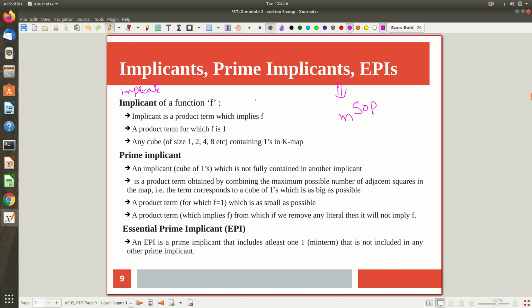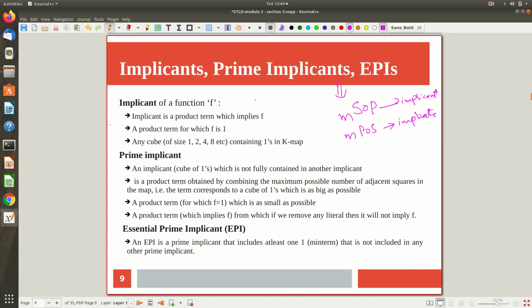Implicate, prime implicate, and essential prime implicate, like that we will call them. So let me write it. In minimum sum of product we use the term implicant, and the equivalent term in minimal product of sum expression is implicate.